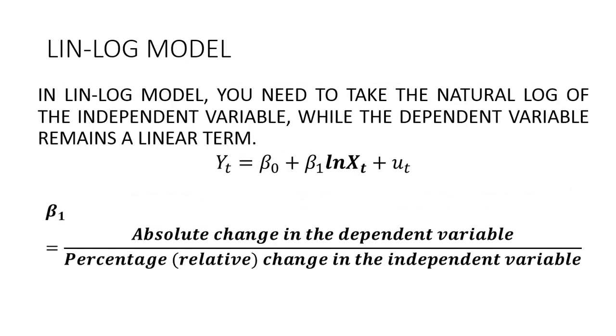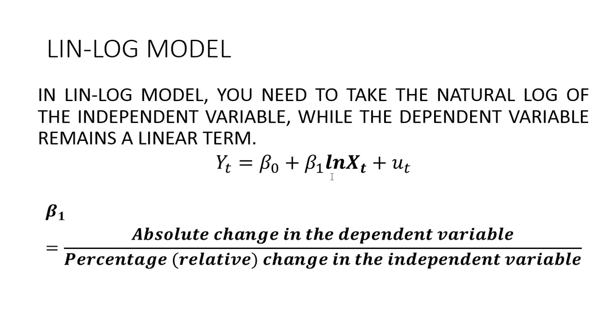Okay, in the lin-log model, just the opposite. You take the natural log of the independent variable, and the dependent variable remains expressed as a linear term, and then beta 1 is interpreted as the absolute change in the dependent variable accompanying relative change in the independent variable. So let's say beta 1 is equal to 5.